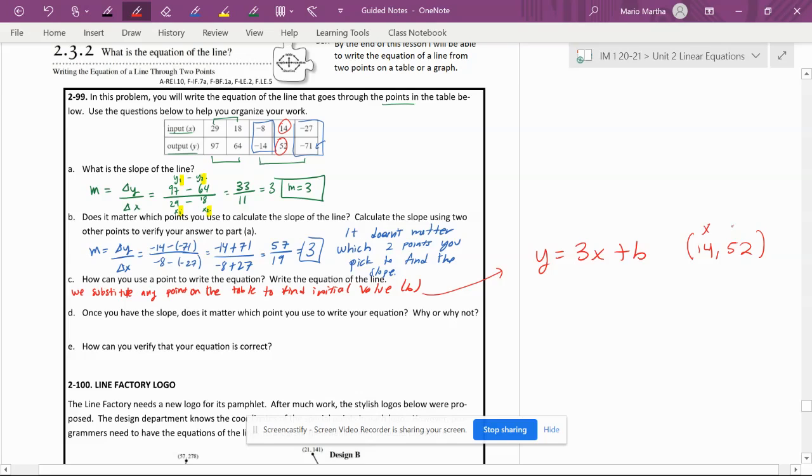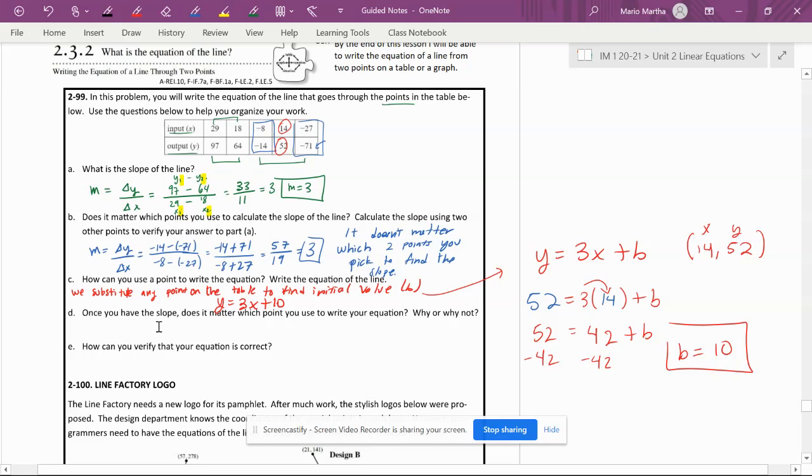I'm going to substitute both of these values into x and y. That's going to give us 52 equals 3 times 14 plus b. 3 times 14 is 42 plus our b. Subtract 42 from both sides, and we find that b is equal to positive 10. So the equation of the line is y equals 3x plus 10.